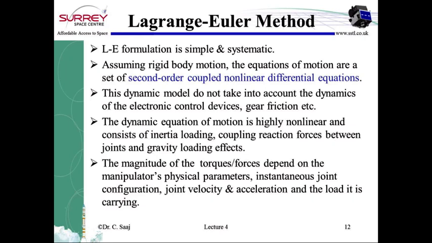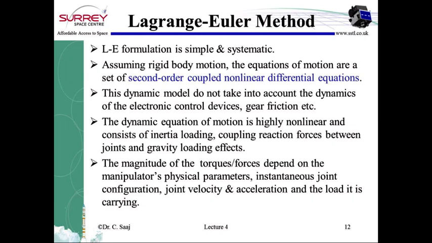The Lagrange-Euler method, the approach in the process of developing the mathematical model, is simple and systematic. And when we derive the Lagrange model, you will see that the model itself is a highly nonlinear model that takes into account the effect of inertia loading, coupling effect between joints, and also the effect of gravity.